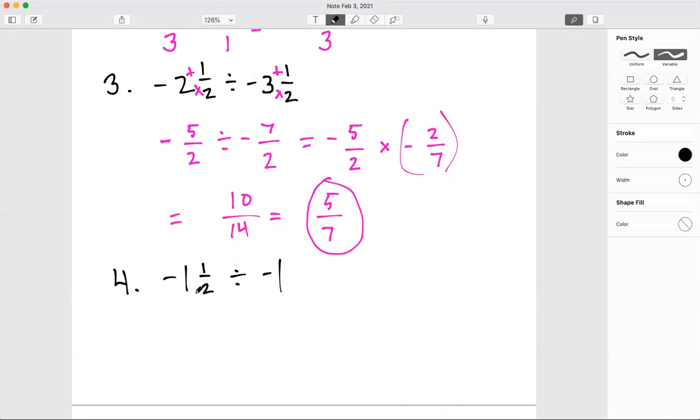However, the sign just may change. If you divide it by negative 1, you just change the sign. If you multiply it by negative 1, you're just going to change the sign. If you multiply it by 1, it's going to stay exactly the same. If you divide it by 1, it's going to stay exactly the same.